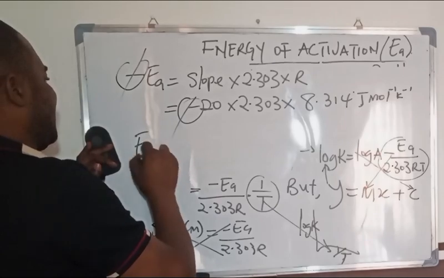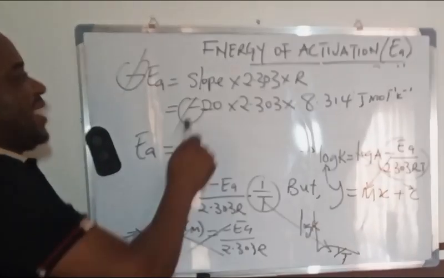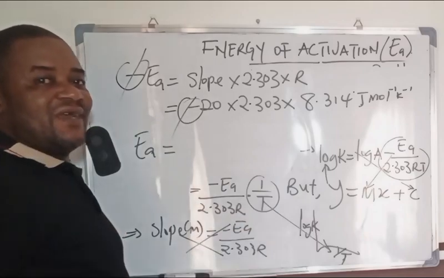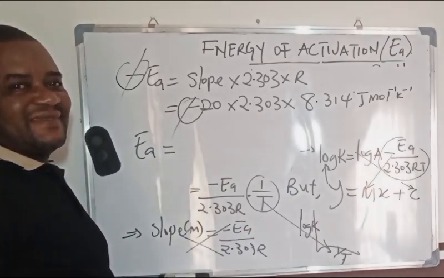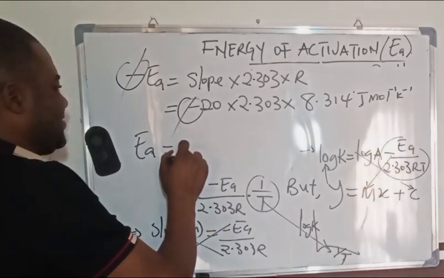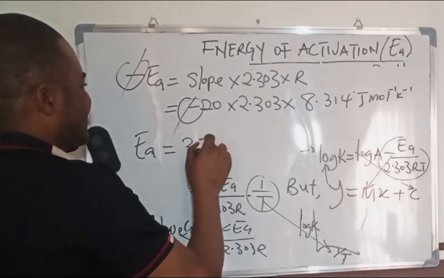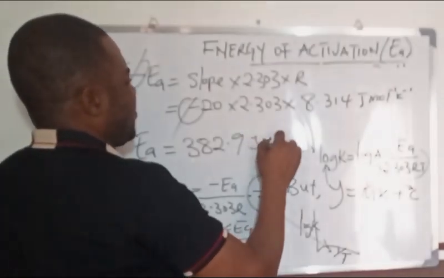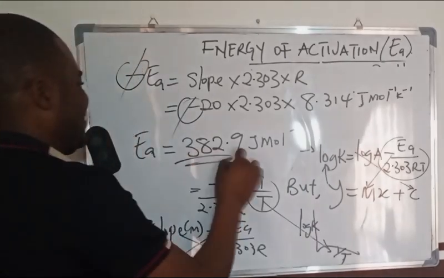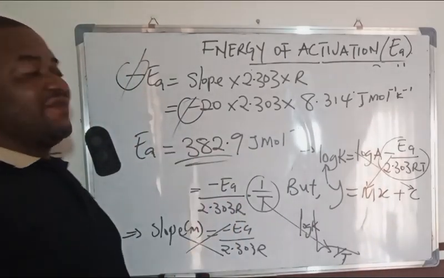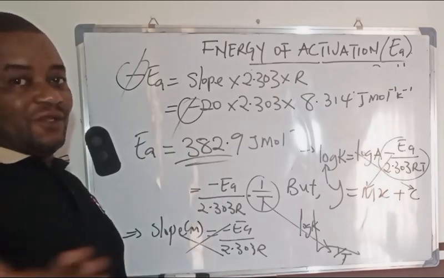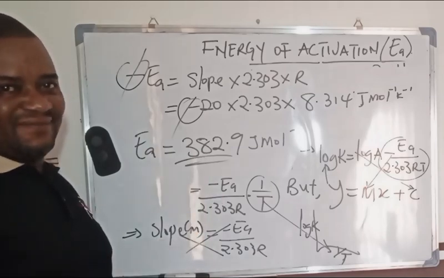So your activation energy will now become what? Multiply 20 by 2.303 times 8.314. What will you have? You are going to have a value of 382.9 joules per mole. But activation energy is calculated in kilojoules per mole, so you have to convert this by dividing by 1000.